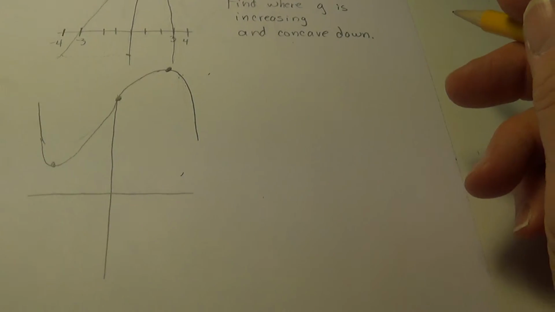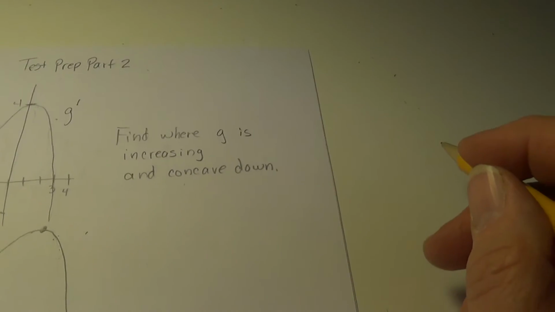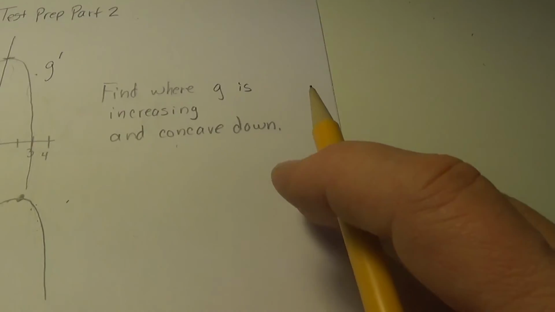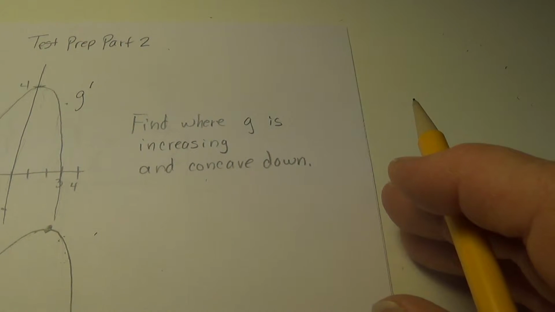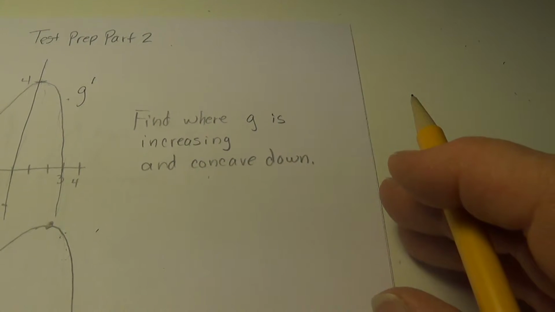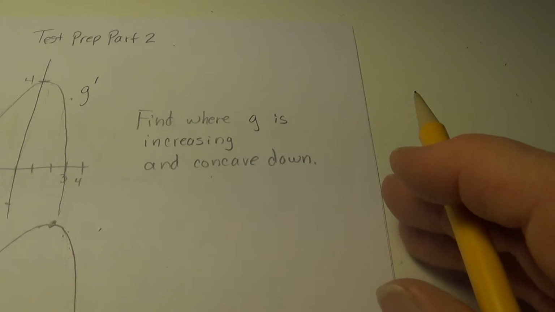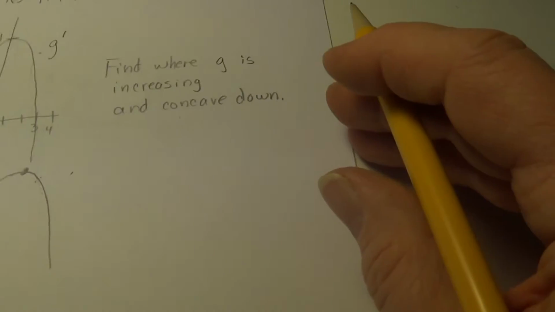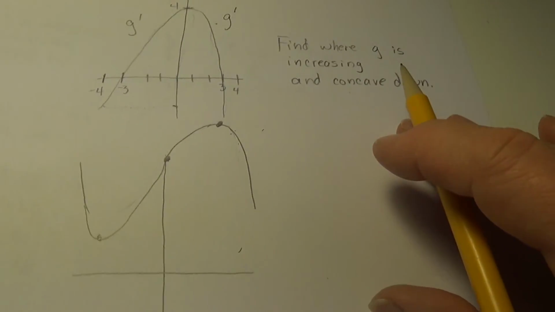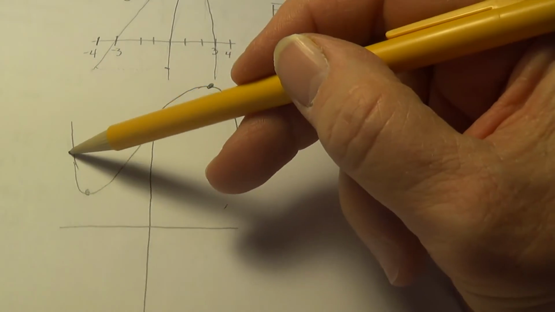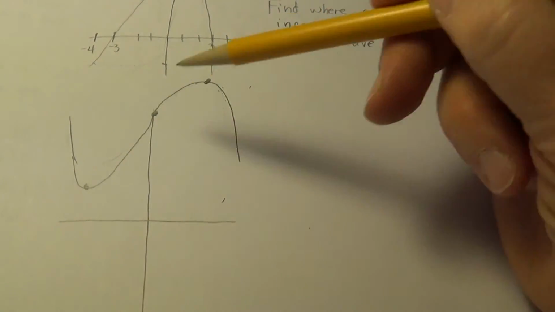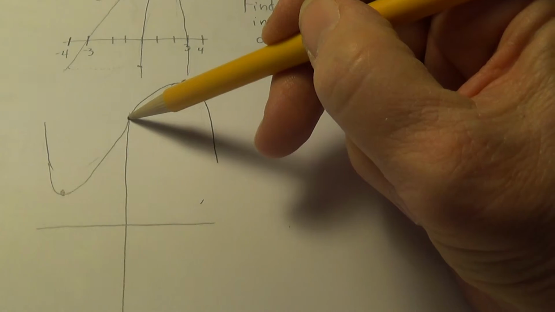The question didn't have anything to do with that. It says find where g is increasing and concave downward. It's concave downward when it's frowning, and increasing means it's moving in the upward direction. So we're looking for a place where both are happening. Here's a smile, so I'm looking for a frown, and it starts frowning right here.